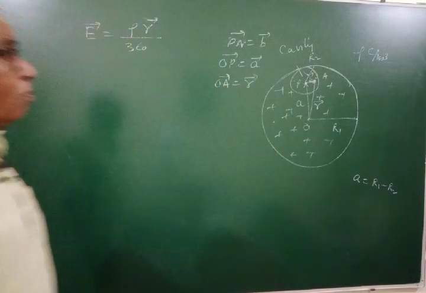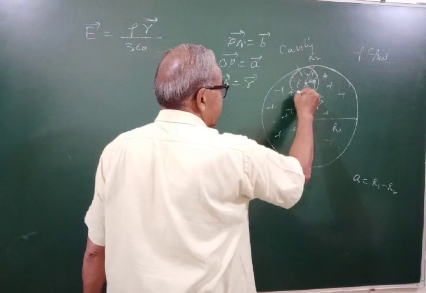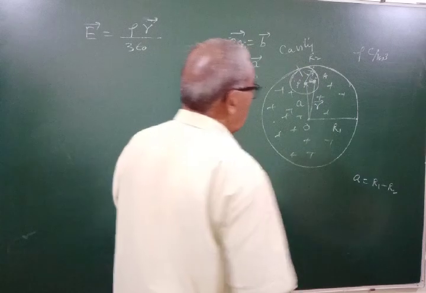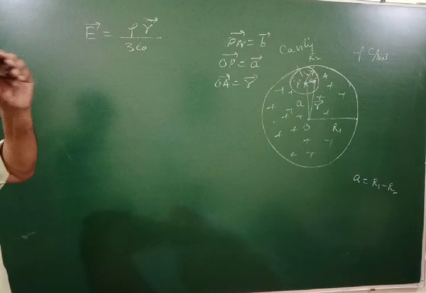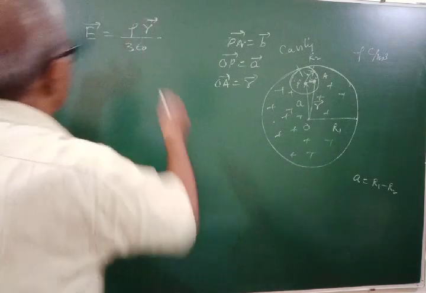Please listen very carefully. Point P is inside the cavity. P is the center of the cavity. O is the center of the charge distribution. So we know the electric field at any point, and we will make use of this.